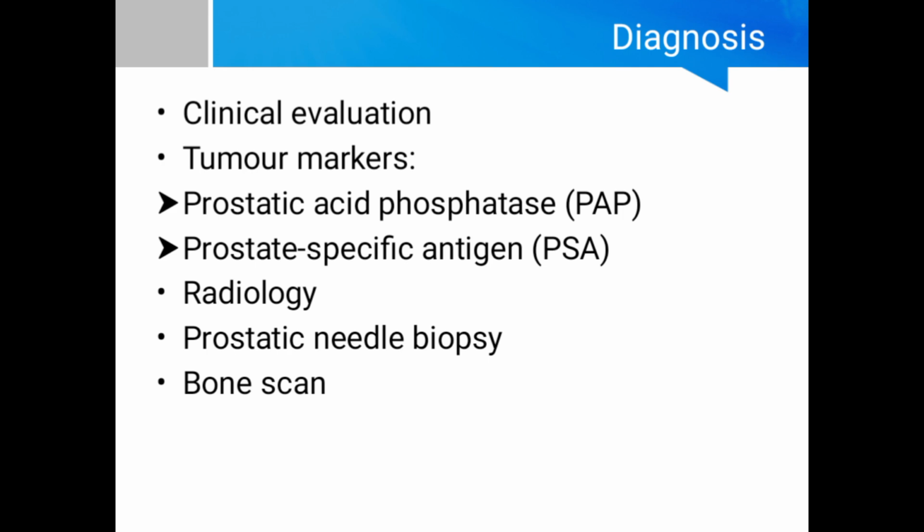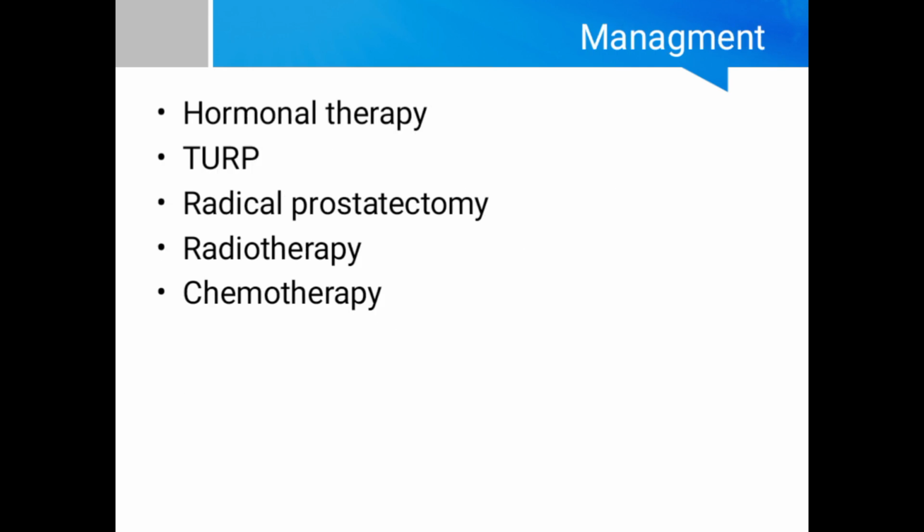Clinical evaluation: do a tumor marker, prostatic acid phosphatase or prostate specific antigen. We can do radiology to see the metastasis to the bone, and prostatic needle biopsy, this is for sure, to see the prostate under the microscope, as we talked about, and bone scan.